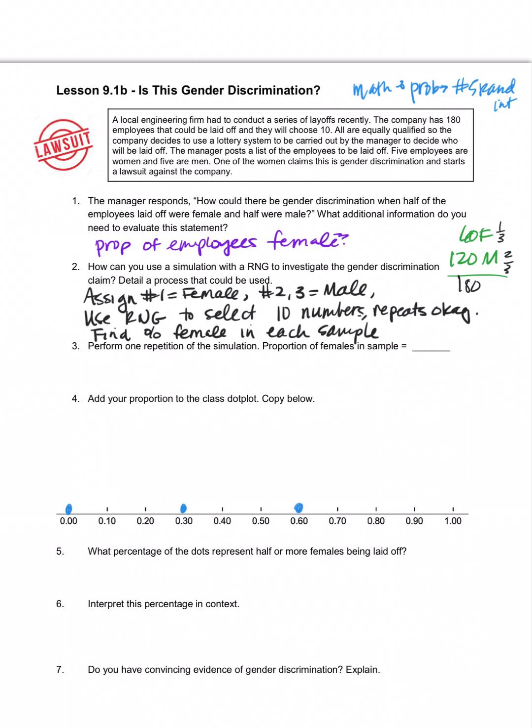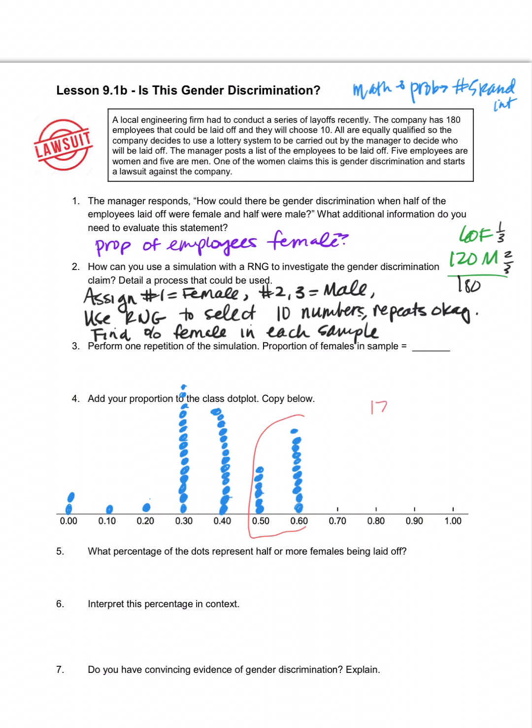So now we're back to the same question. What percentage of the dots represent half or more females getting laid off? All right, so here's half, right? I don't even know how many dots we got. How many did we get? 14, 15, 16, 17.